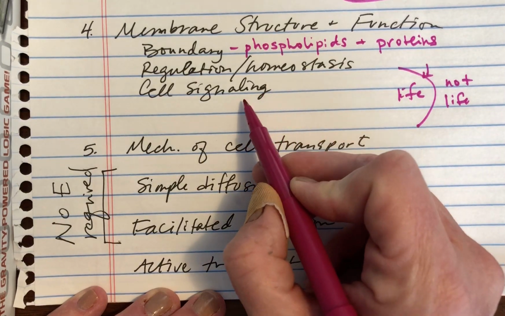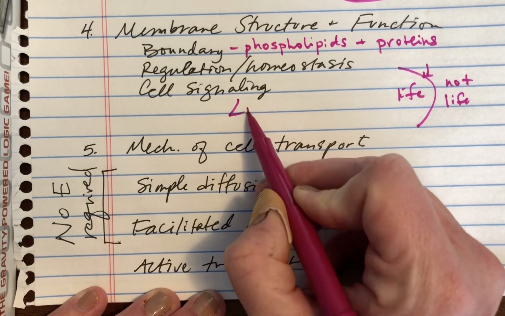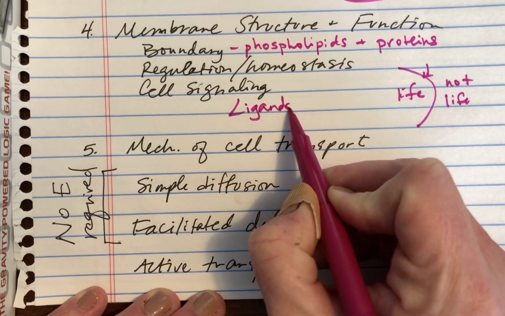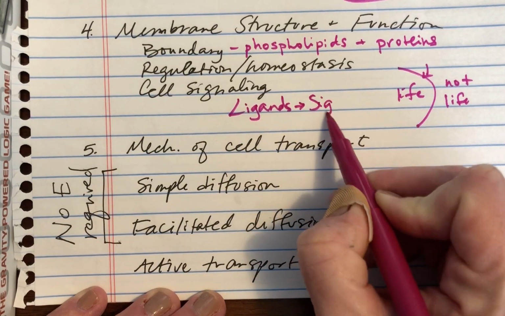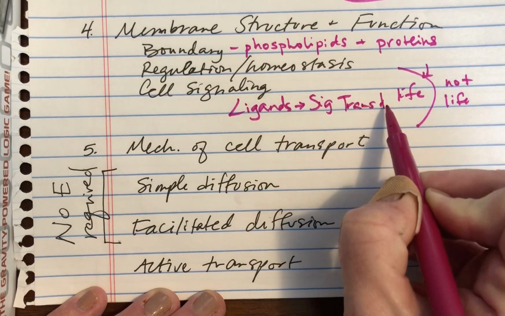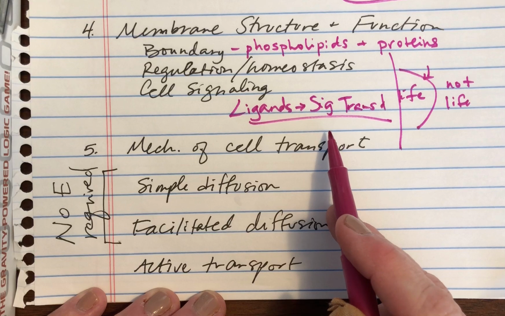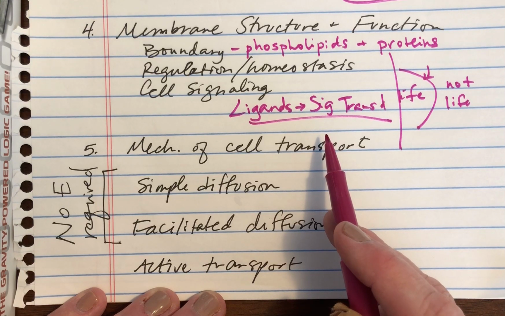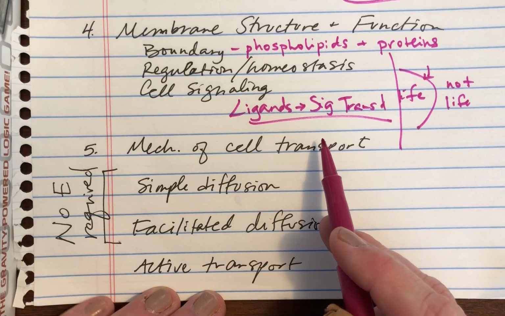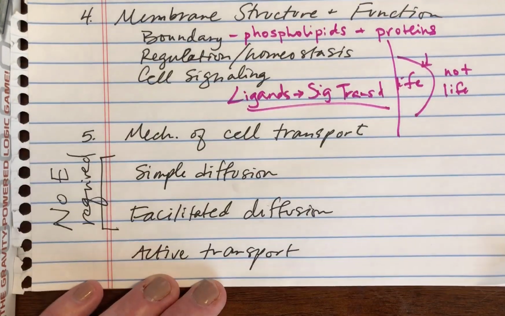This would be like signal transduction pathways with ligands. So signal transduction pathways always allow cells to respond to changes in their environment, to signals from other cells, and more on that when we get to chapter 11. Right now we're in chapter 7. Good job.